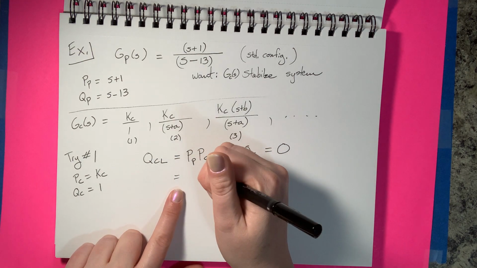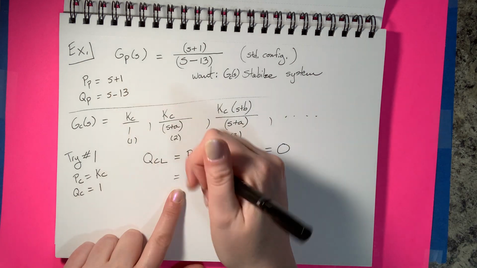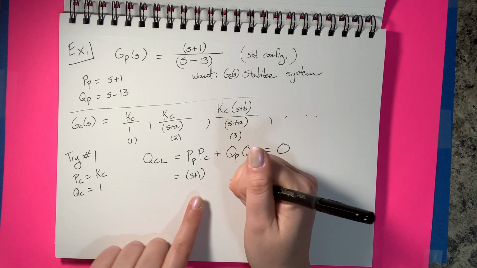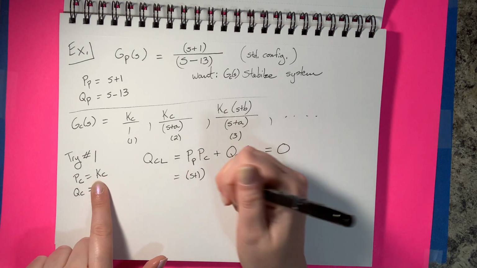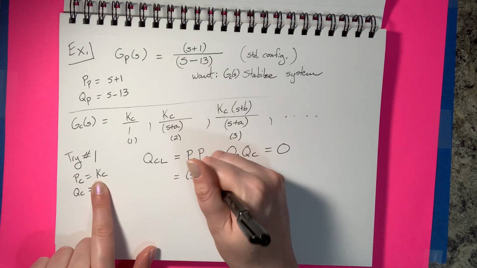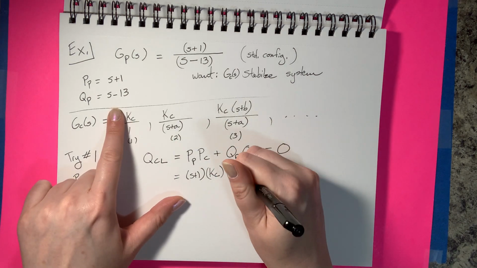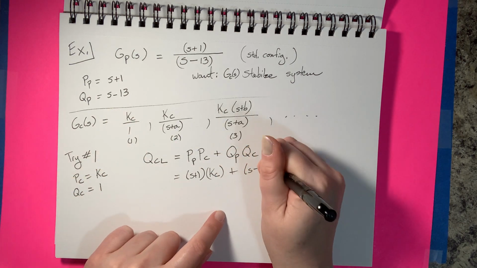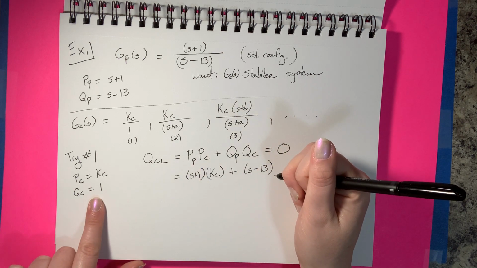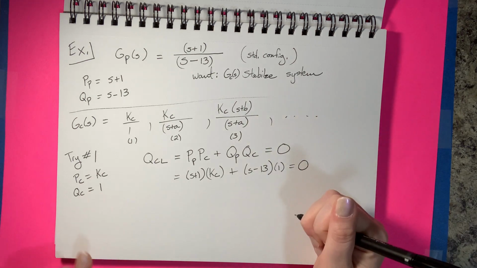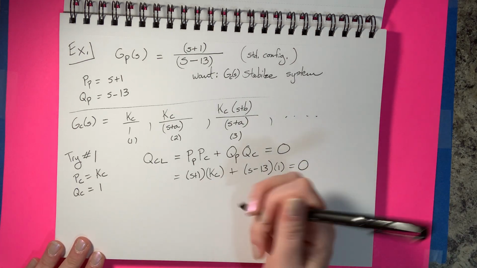Back up here referencing that, we've got an S plus 1, and P sub C is KC, so plugging that in. And then we've got Q sub P, that's S minus 13. And we've got QC, and QC is 1. So let's see if this is stable once we multiply it out.